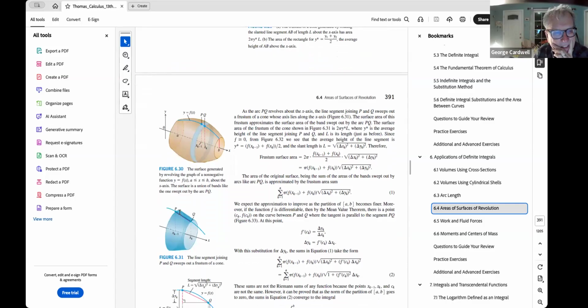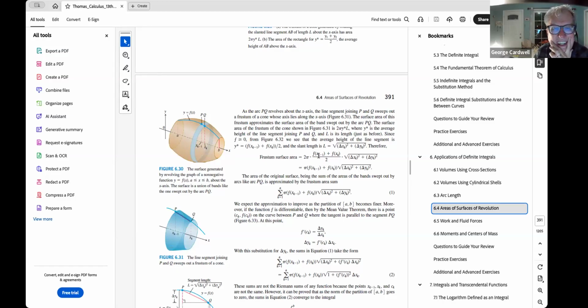Basically, he wants to get this line and make that the height of a circumference. The circumference would be 2 pi times a radius, and then times this length. So he takes the points x_{k-1} and x_k.